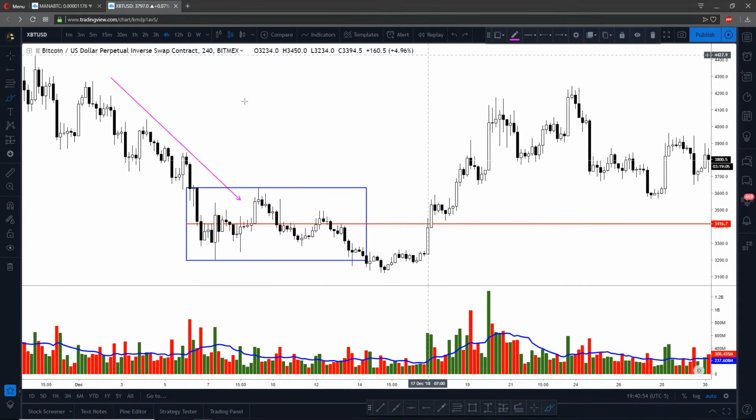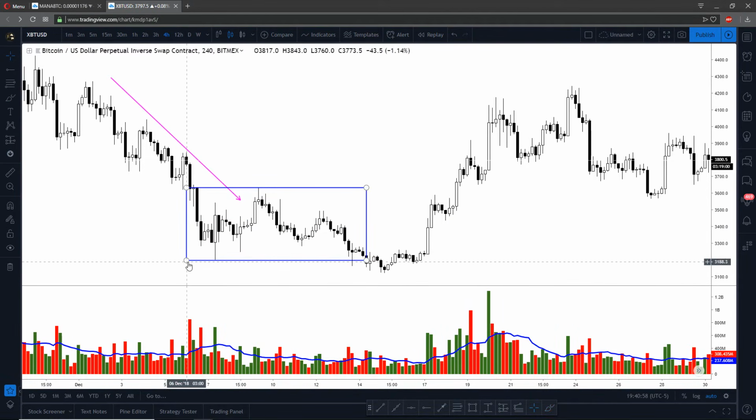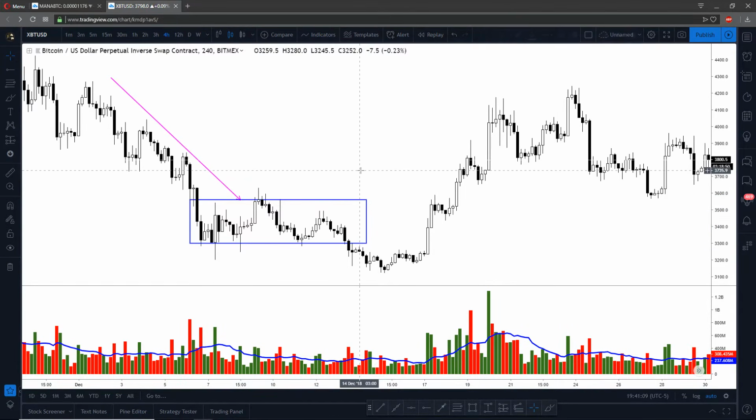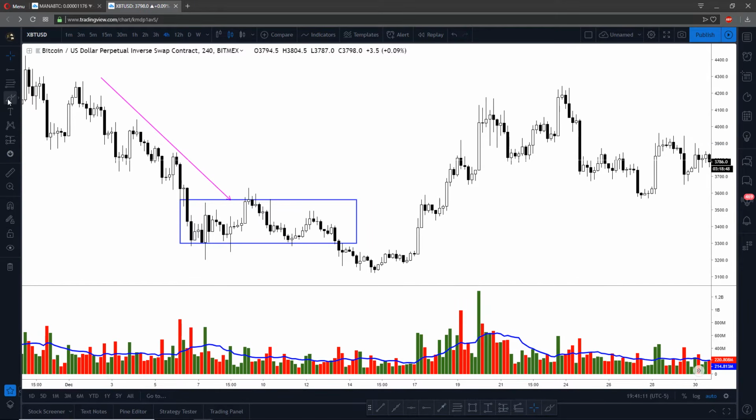And this is actually a good example of what you were saying earlier, to use the bodies. So let me do that as well. I'll show you. So if you're using the bodies here, that would be your low, that would be your high. Okay. So we see the start of the accumulation here.